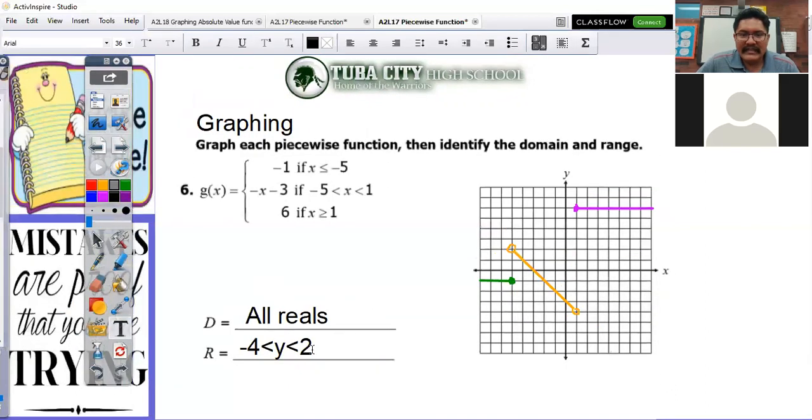But we also have a second part that is disjointed, not part of the regular range. We have that purple area that's all by itself, just up there hanging out. So we have another separate range of y equals 6.